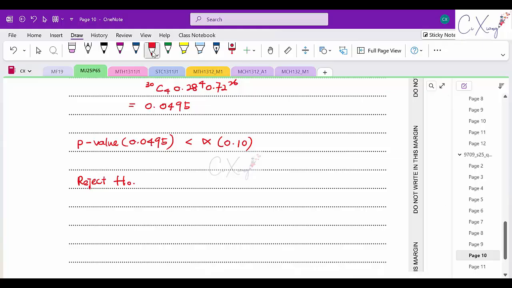Then please make a statement that is related to the context of the question about your decision. So you reject the null hypothesis means that there is sufficient evidence to show the researcher's suspect is true, right? So there's sufficient evidence to show that the support rate for the party is less than 0.28.